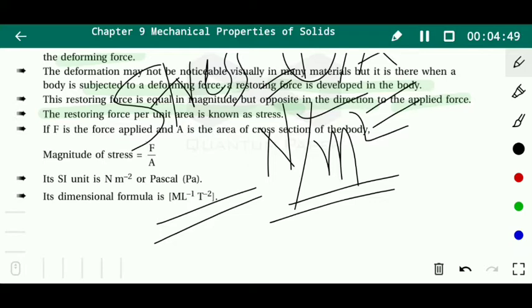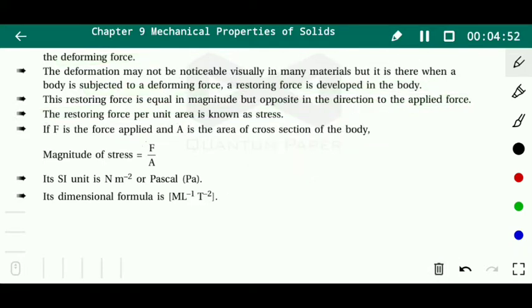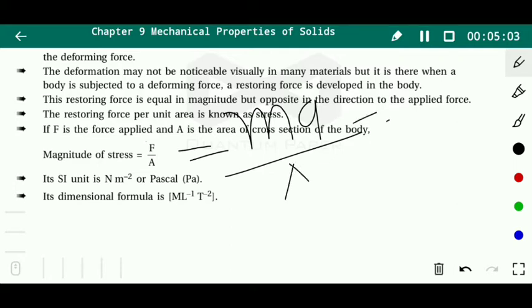How does it come? Let us see. From Newton's second law we can write F is equal to MA, and area is measured in meter square.